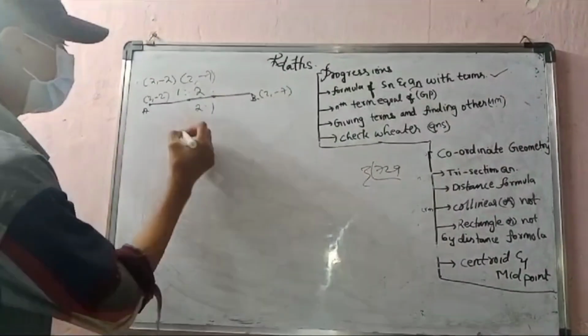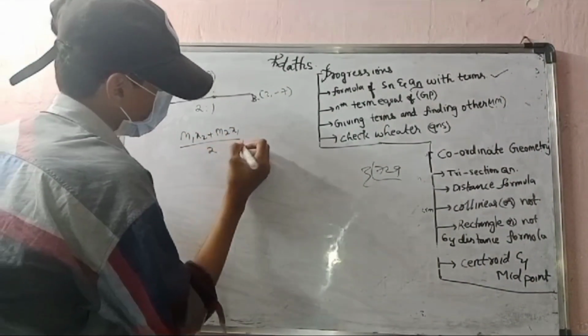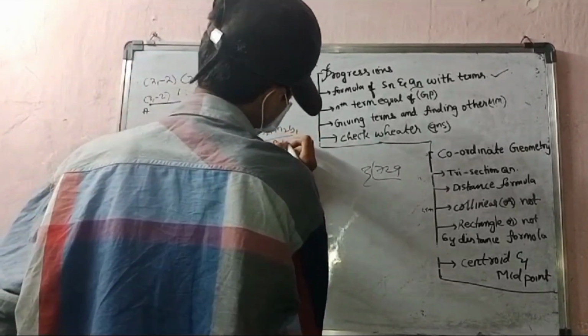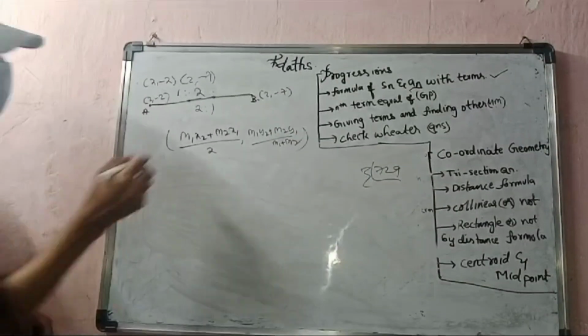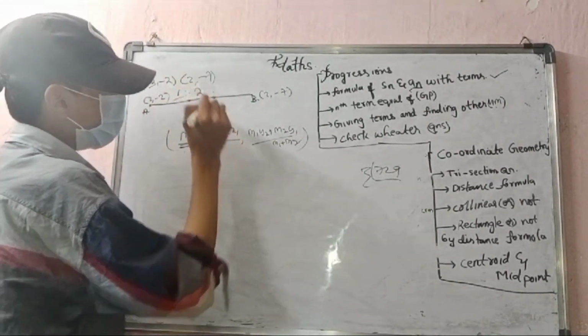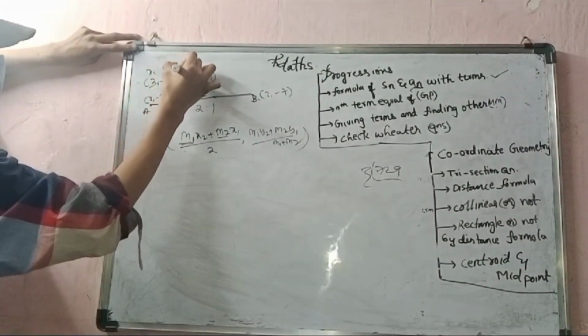And for trisection we need to know the section formula first. What is the section formula? M1 x2 plus M2 x1 by M1 plus M2, comma, M1 y2 plus M2 y1 by M1 plus M2. This is the formula which we have to use. For the first case M1 is 1 and M2 is 2. Let me put the points: x1 y1, x2 y2.